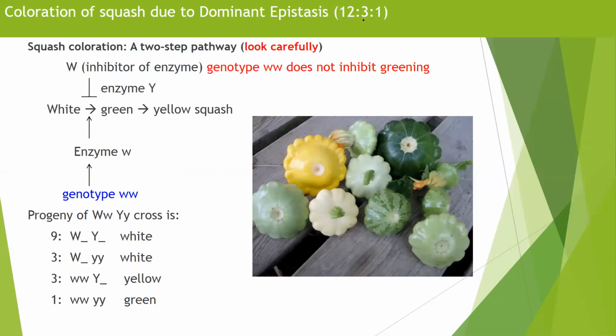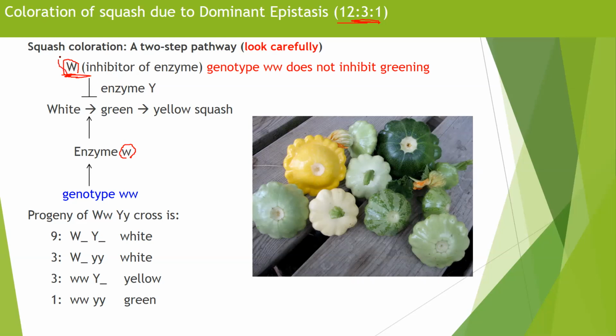All right, the same thing here. So still, you can see the ratio of 12 to 3 to 1, right? So in squash, we have two genes. One gene is the W gene. The wild type W gene is actually an inhibitor of an enzyme.